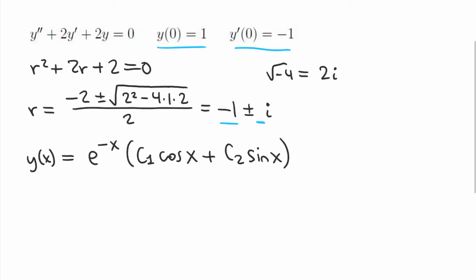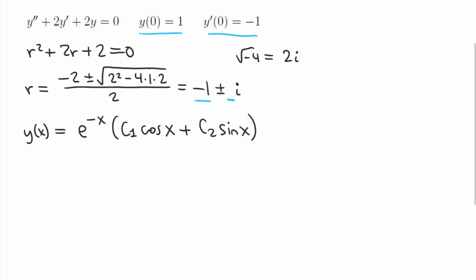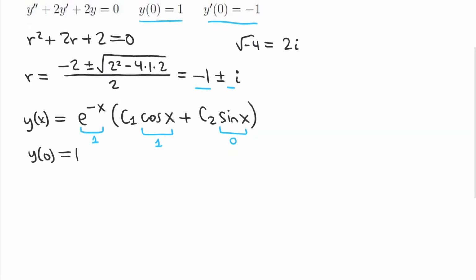Okay, so with the first condition, y of 0 is equal to 1. And if I plug in 0 into this function, well, this exponential is going to become 1. The sine term is going to go to 0 because this is 0. And the cosine term is going to be 1 because cosine of 0 is 1. And so what I'm going to end up with on the left-hand side is 1 times c1.